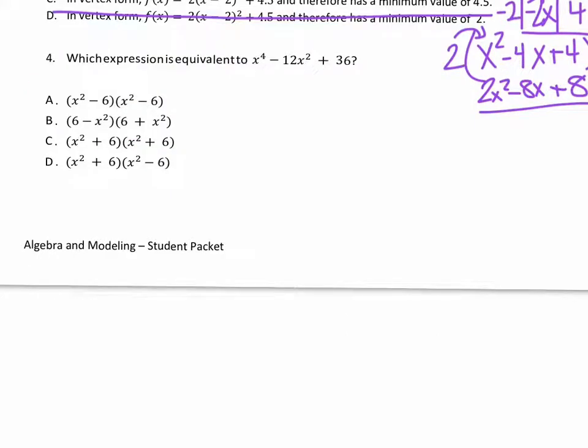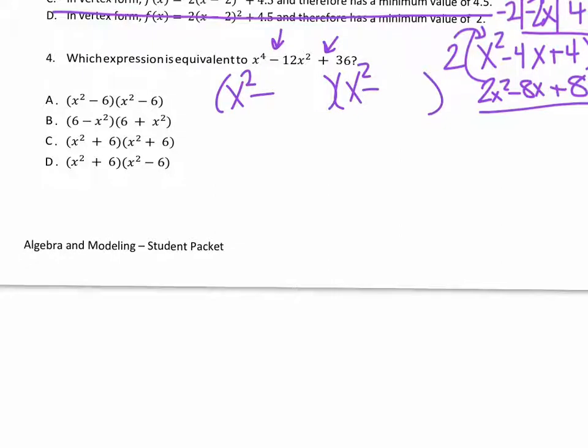With these problems, I find it's easier to just factor it out myself. I see I have an x to the 4th, so I can do an x squared here and an x squared here. The next thing I notice is that I need two things multiplied that give me positive, but added give me negative. So I have a negative and a negative.